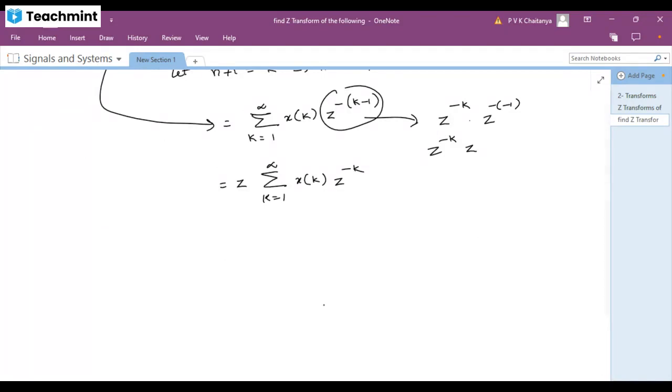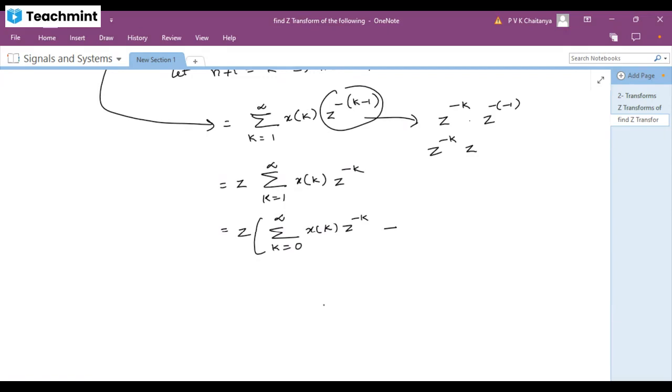Okay, so again the summation should be from 0 to infinity. So what I'll be doing, I'll be adding a term 0 and subtracting a term 0. So k is 1 to infinity, I'll be writing this as k is from 0 to infinity x of k z power minus k. So I have added a term with k is equal to 0.